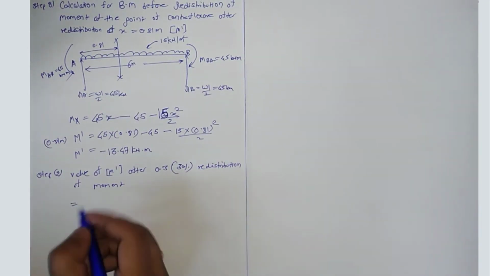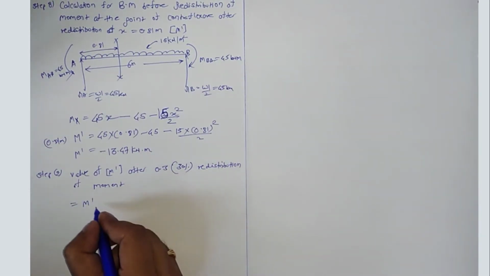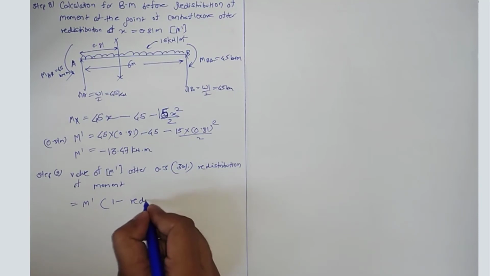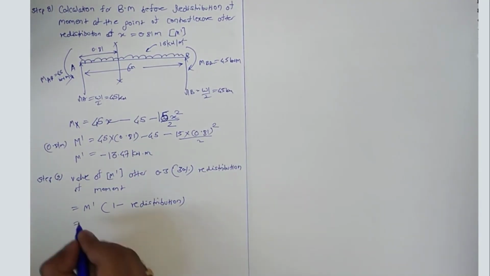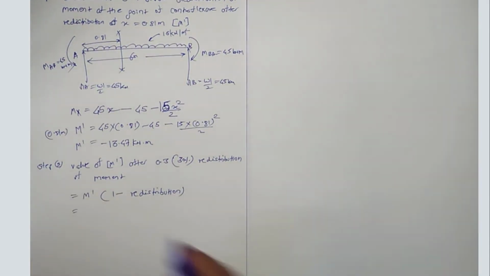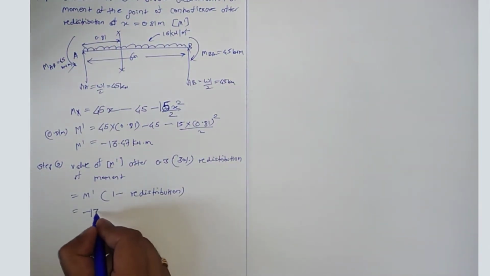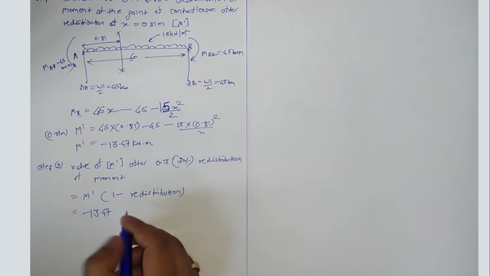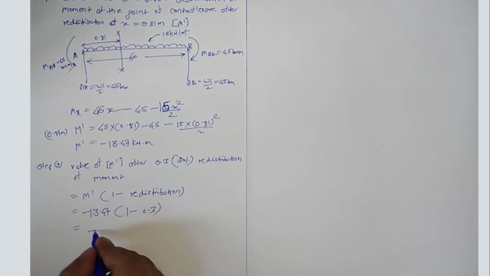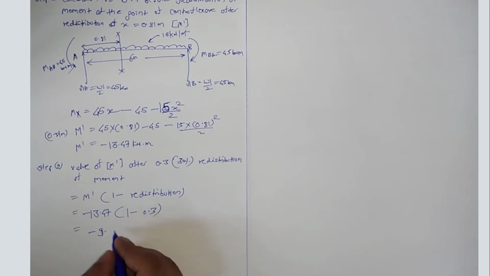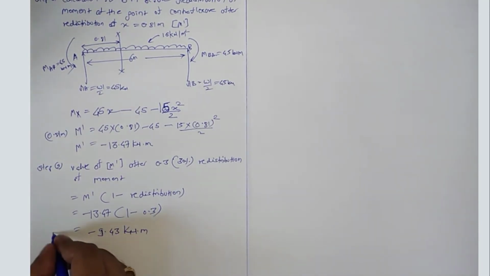So it is M dash into 1 minus redistribution. What is the value of M dash? Just now we calculated minus 13.47 into 1 minus 0.3. So it comes out to be minus 9.43 kilonewton meter. So this is the value of M dash.